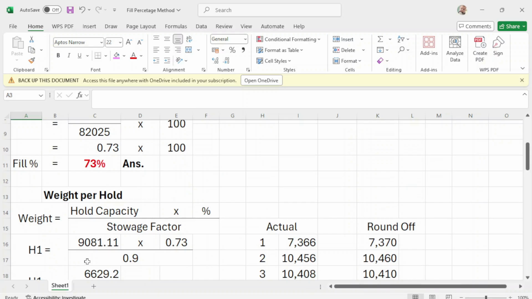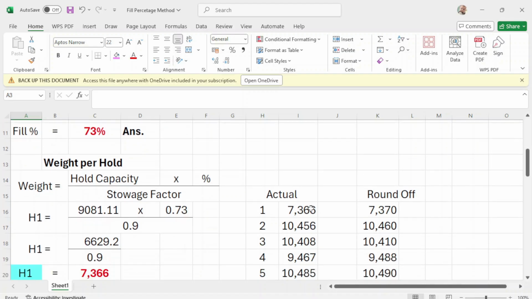Now we're going to compute the weight per hold, which is hold capacity times percentage over storage factor. Okay, that is the weight per hold. So in number 1, we apply this formula.